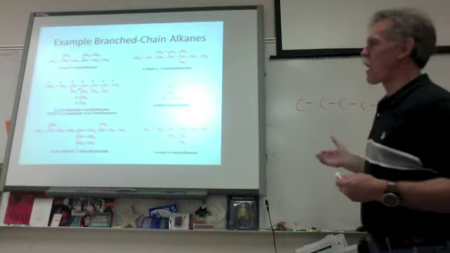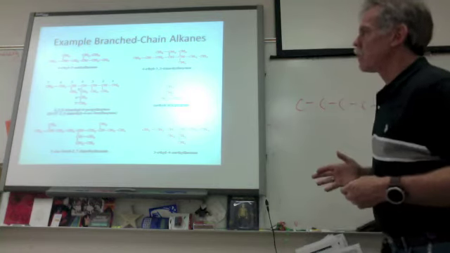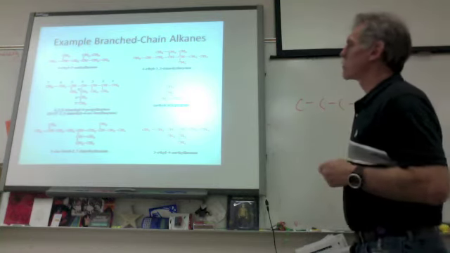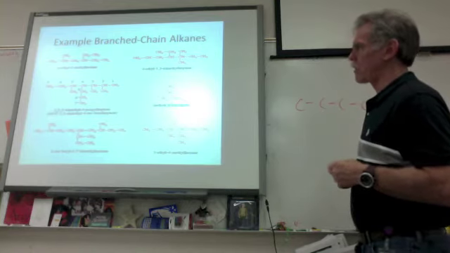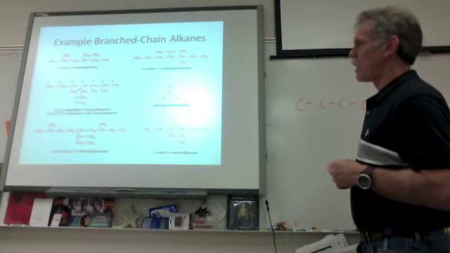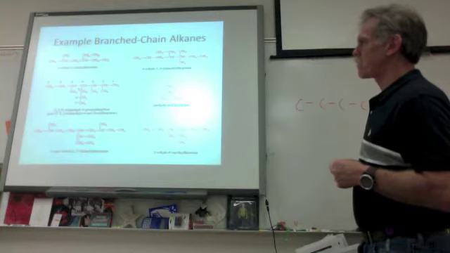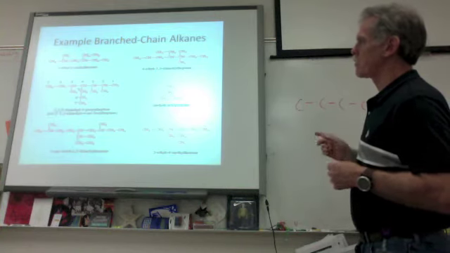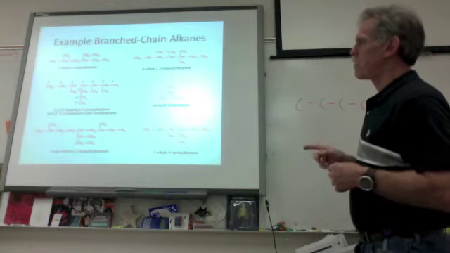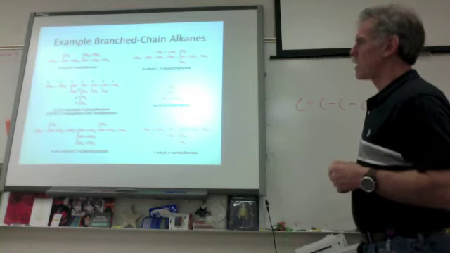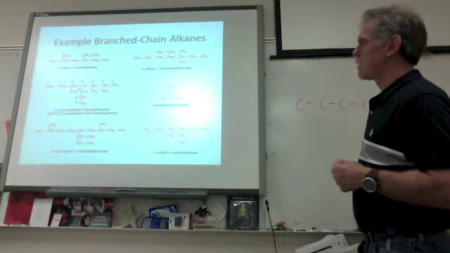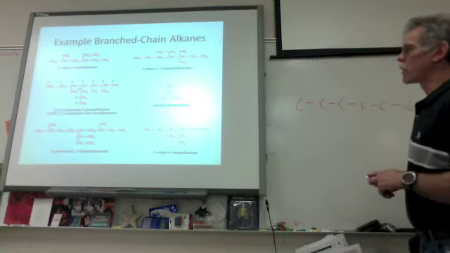So numbering right to left, we have a group on number 2. So that would be the first way. 2,3,5-trimethyl. Fourth carbon, we have a propyl. Okay, so this is how we're going to number that one.